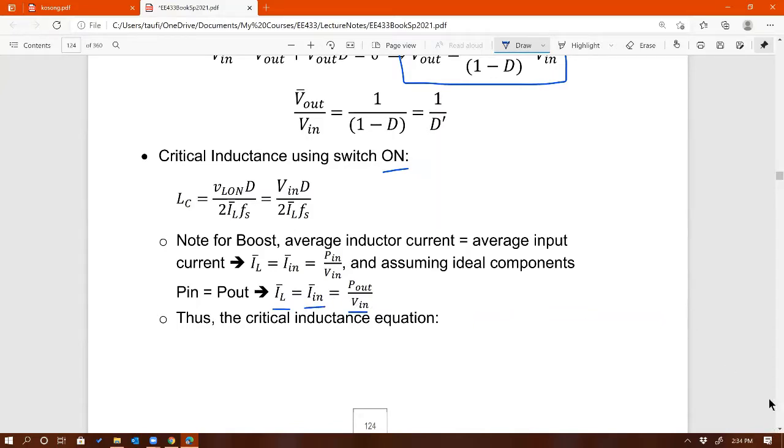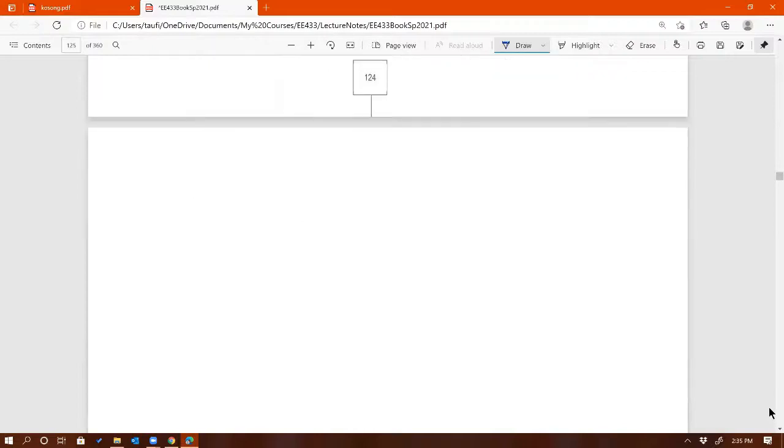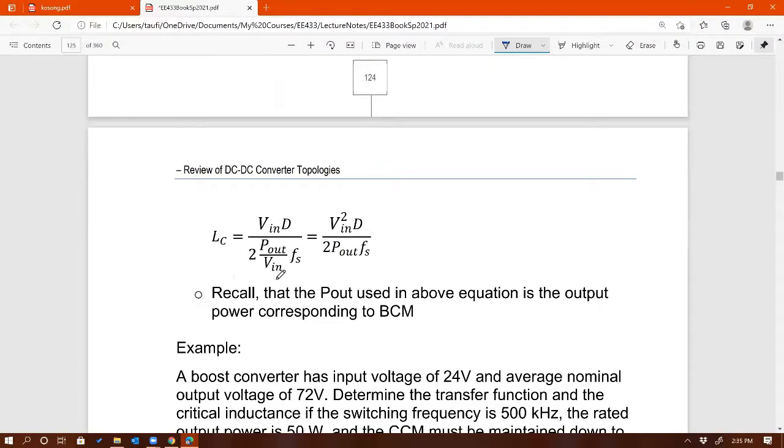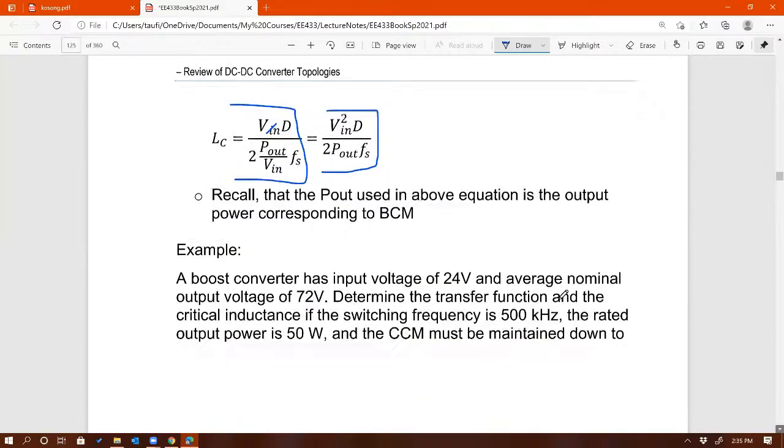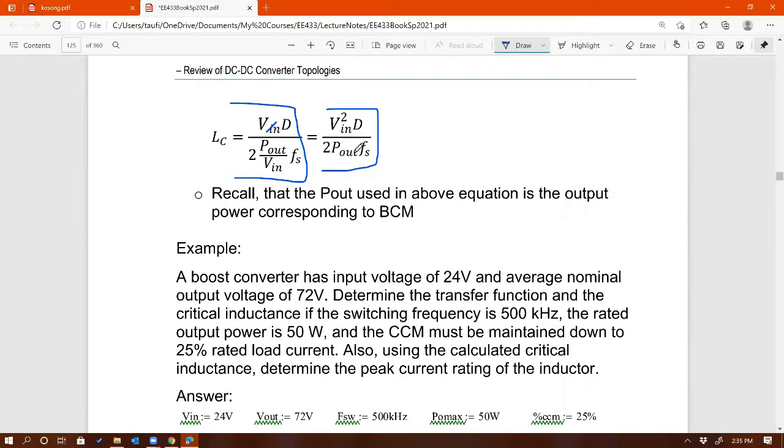Then the critical inductance equation becomes this equation. V in becomes V in squared, because it goes up to the numerator. So here's the equation for critical inductance for a boost converter. Keep in mind that P out is calculated at BCM, not at max, but at BCM.